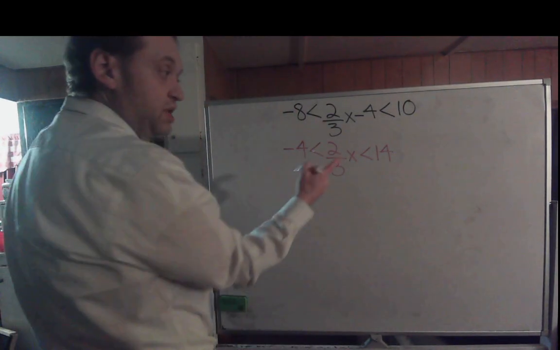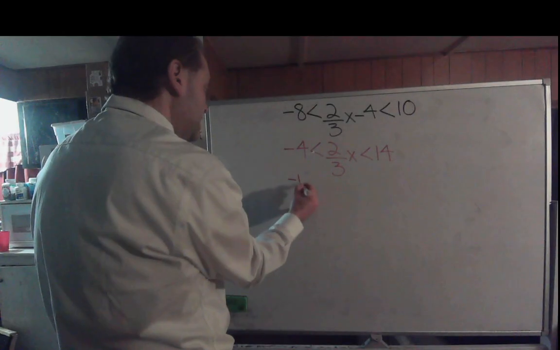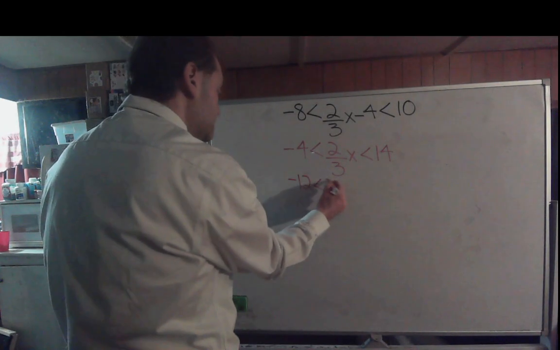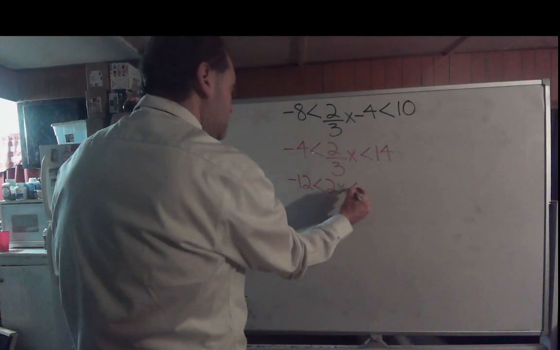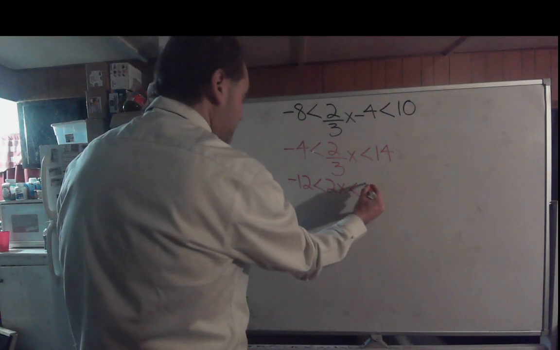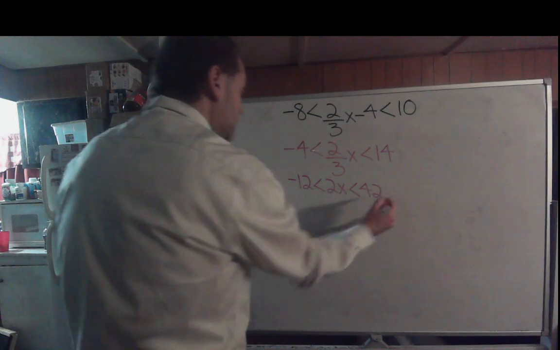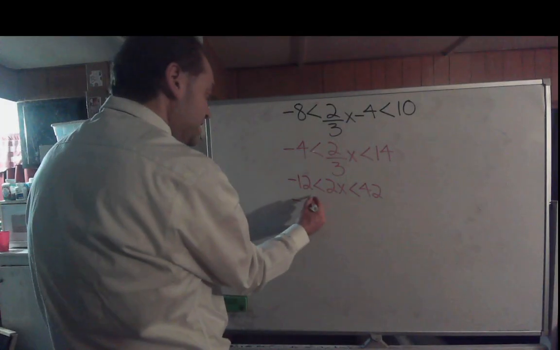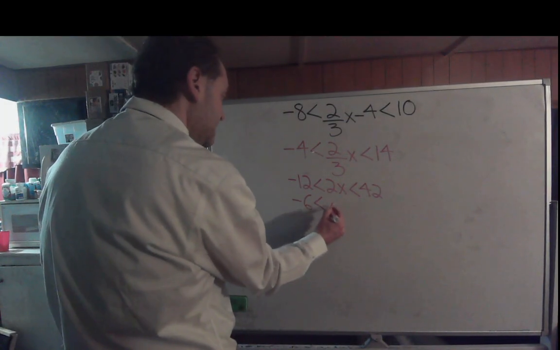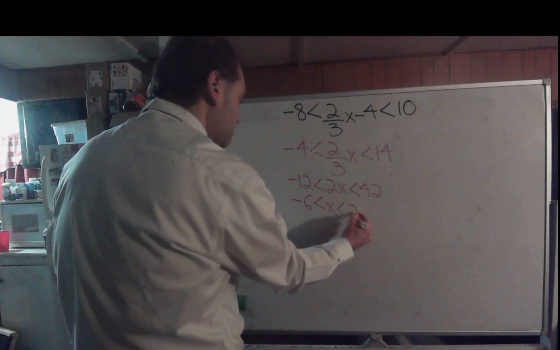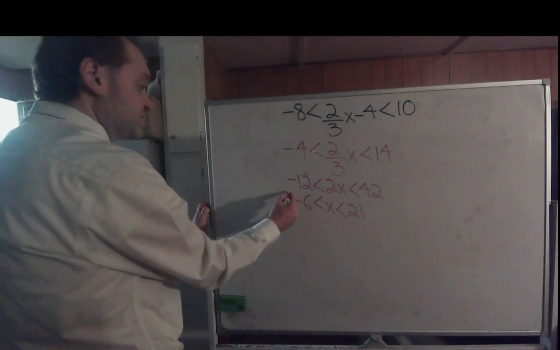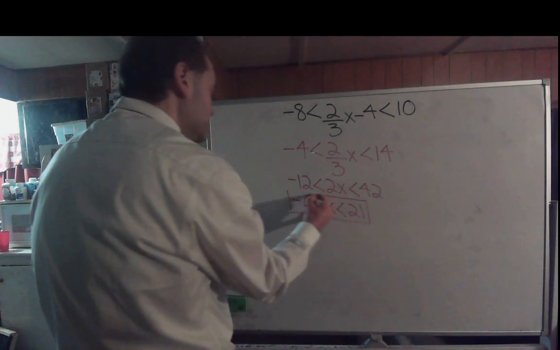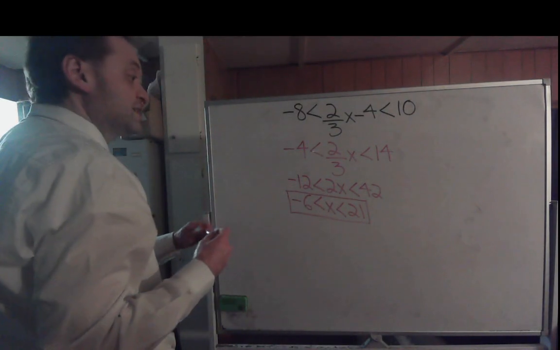So then multiply everything by 3, I'll get that negative 12 is less than 2x, which is less than 42. Now let's divide everything by 2 to solve for x. I would get that negative 6 is less than x, which is less than 21. So the solution to this is that negative 6 is less than x, which is less than 21.